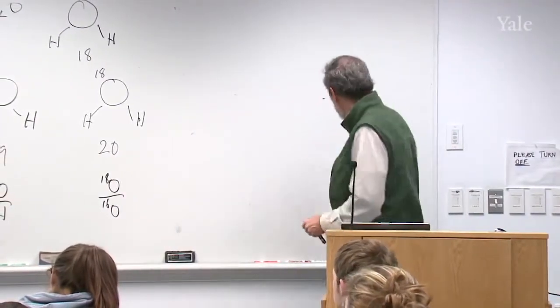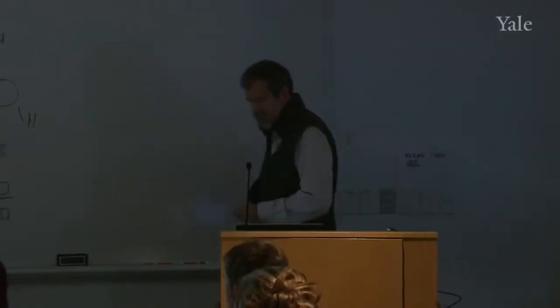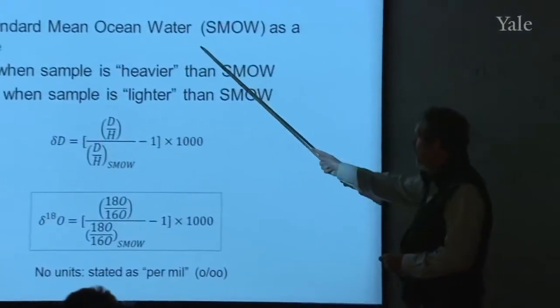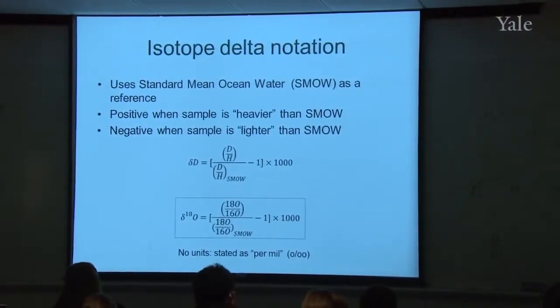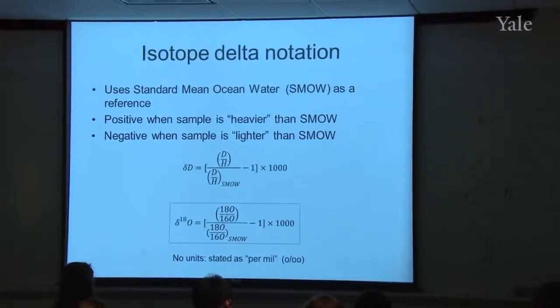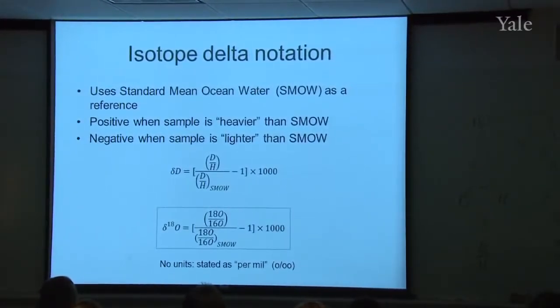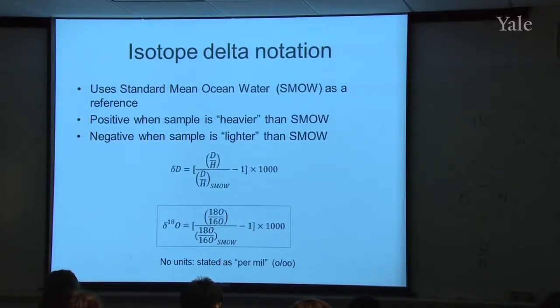Now, the way we keep track of these ratios is with the so-called delta notation. We have to define a reference ratio of D to H, and that's standard mean ocean water. It's basically a sample of ocean water from several places around the ocean. They collect them, mix them all together, and store large volumes of it in laboratories and use that as a reference every time they're doing an isotope ratio measurement.